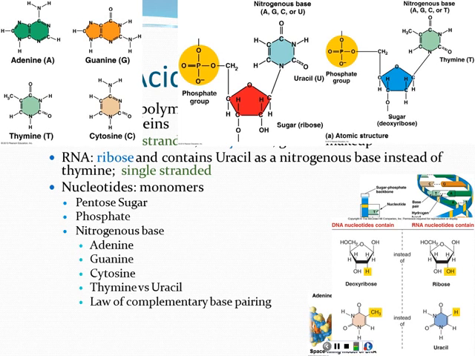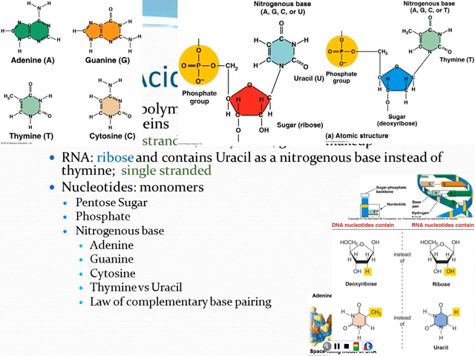This law of complementary base pairing, this is because I've been saying that adenine always goes with what? Thymine, and guanine always goes with cytosine. It gives us this complementary base pairing law, meaning that whenever there's an adenine, thymine will always go to it, match up with it. This will help us to replicate our DNA.